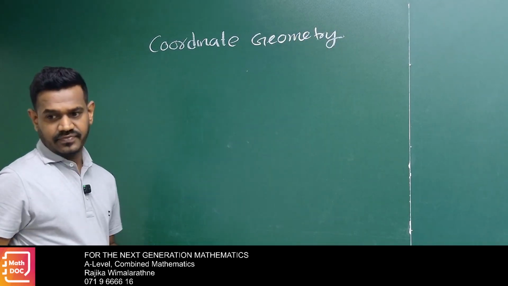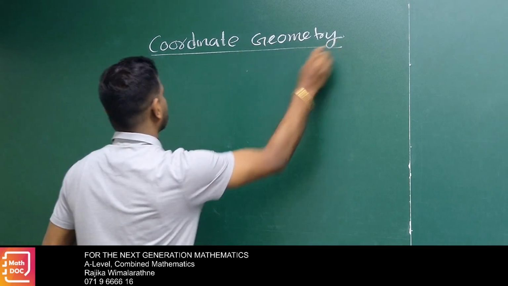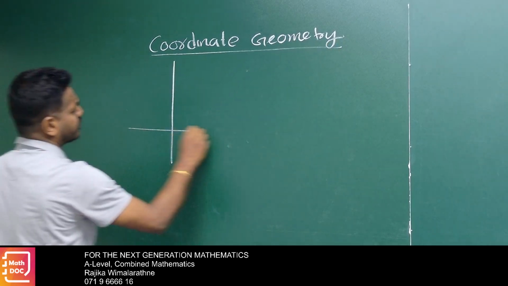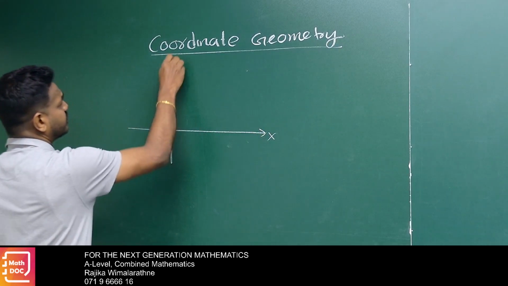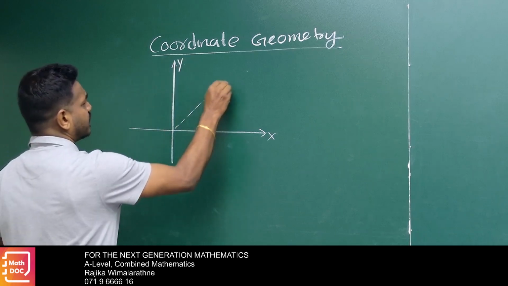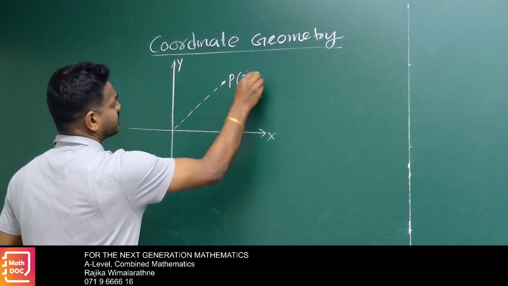Coordinate geometry. Okay, here you consider the x-axis and y-axis. Here point P, we say x comma y.